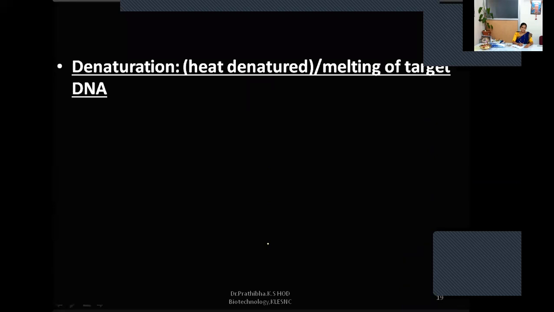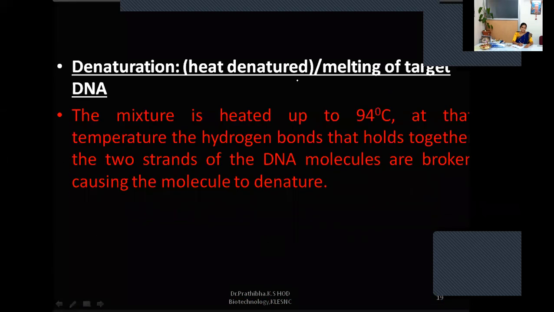Now let us understand what denaturation is. Denaturation is brought about by heat, so you can say heat denaturation or melting of target DNA. It means the mixture is heated up to 94 degrees Celsius. At this temperature, what happens? The double stranded DNA molecules are held together by hydrogen bonds, right?